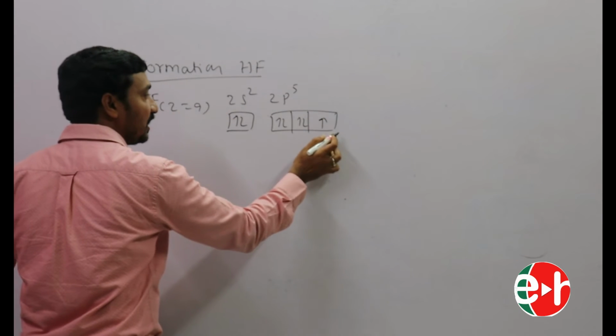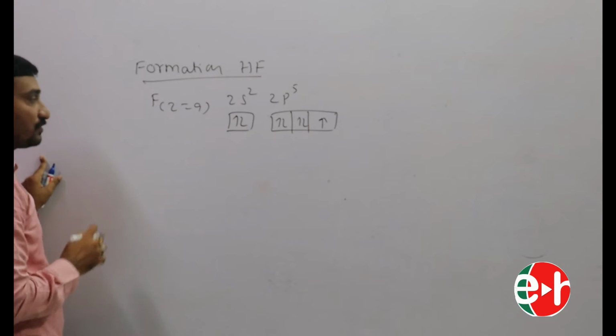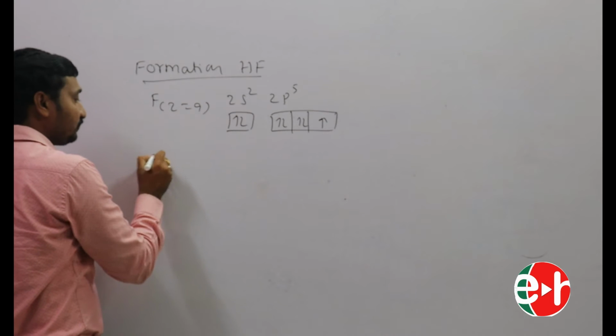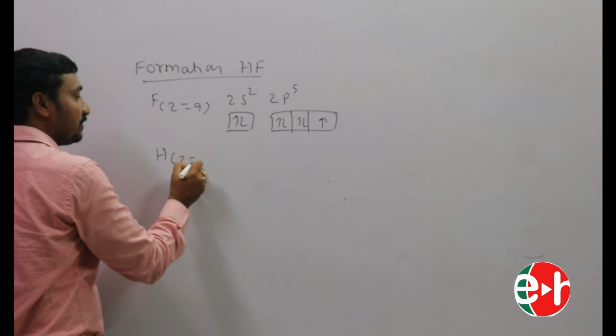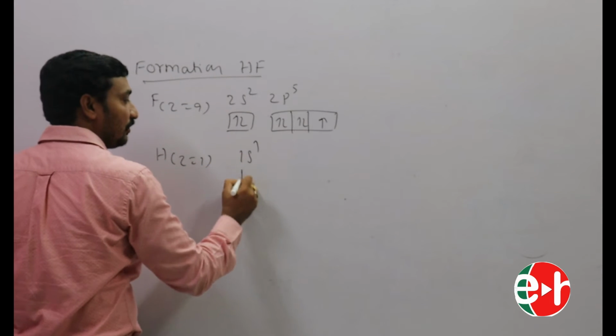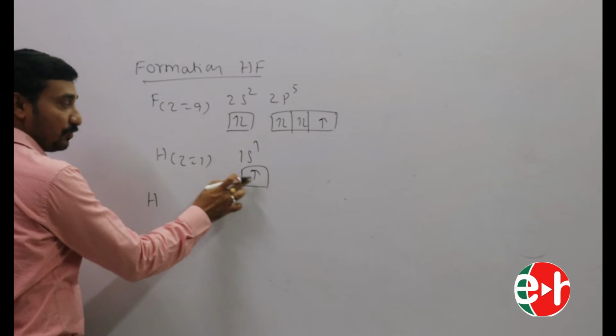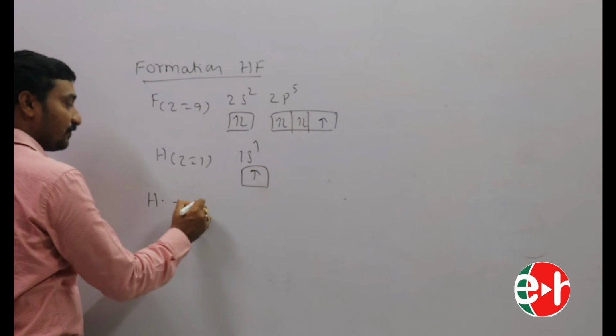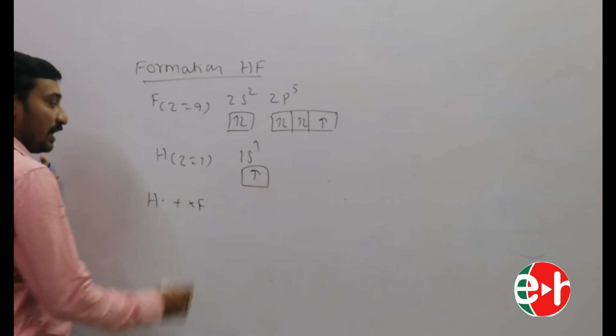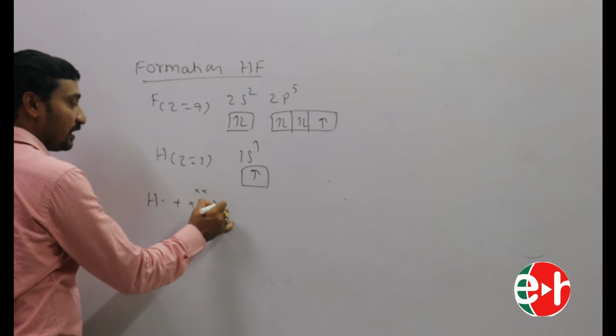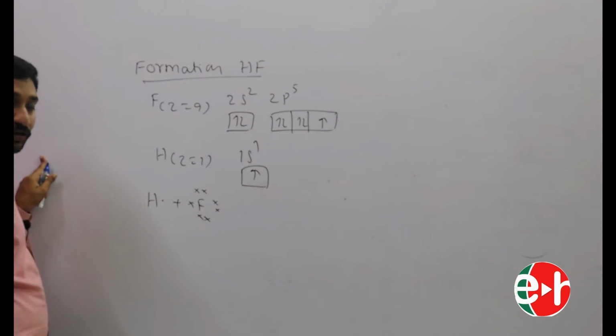It has one unpaired electron and 3 lone pairs of electrons in the ground state. Now hydrogen atomic number Z equals 1, it has 1s1 configuration and has one unpaired electron. Hydrogen contributes 1 electron, fluorine contributes 1 electron, and fluorine has 3 lone pairs.